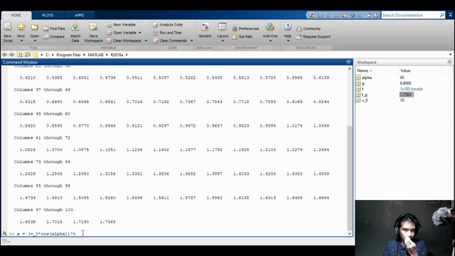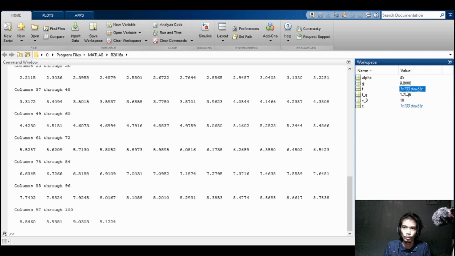Multiply the entire thing by alpha, then you get the same answer. So kung yung t natin is 1 by 100, yung answer natin for x is 1 by 100 as well.